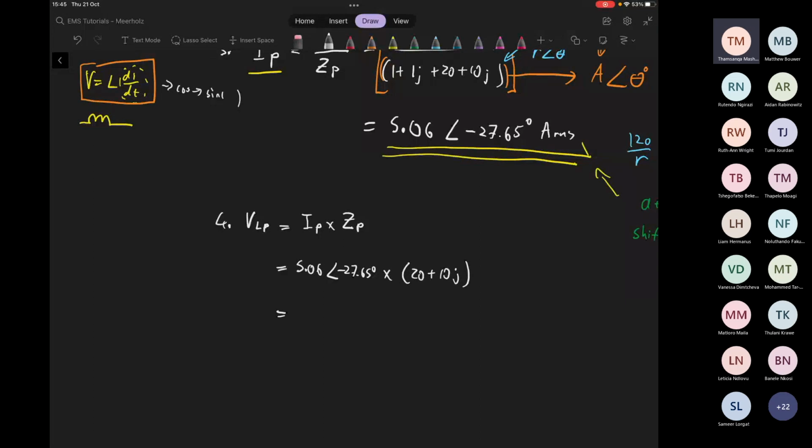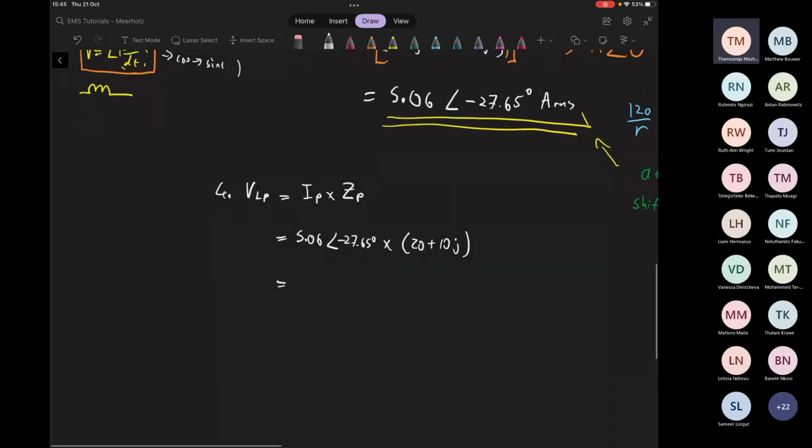Anyway, let me put this into my calculator. We'll say 5.06 at an angle of minus 27.65 times 20 plus 10i. And here we go. Then I say shift 2 for complex, click 3, make it into the mod-arg form.